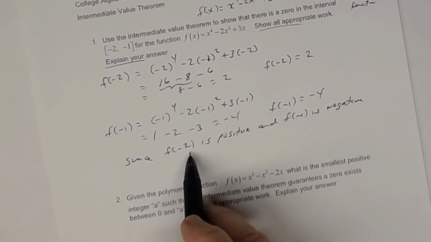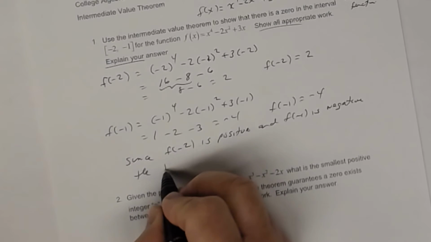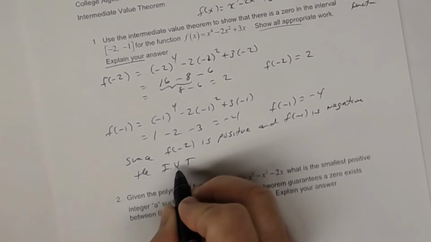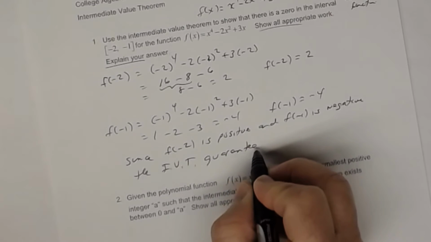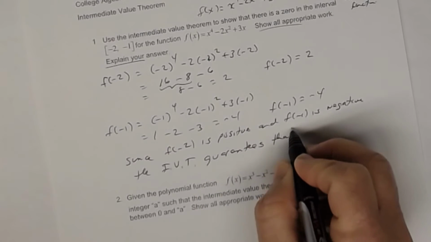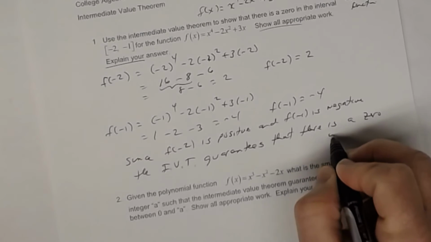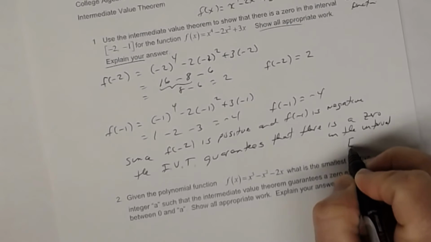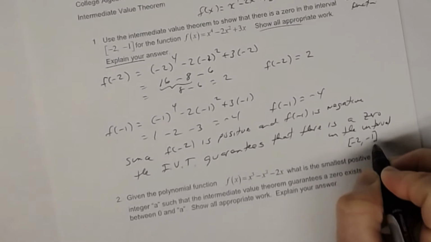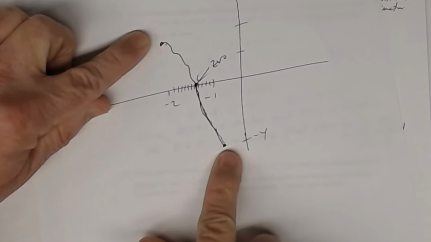So since f of negative 2 is positive and f of negative 1 is negative, the intermediate value theorem, we'll call it IVT, guarantees that there is a 0 in the interval from negative 2 to negative 1. And you can see that just from here.